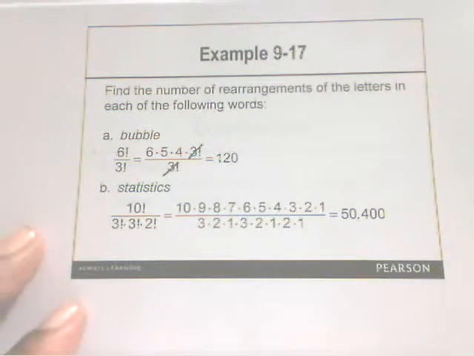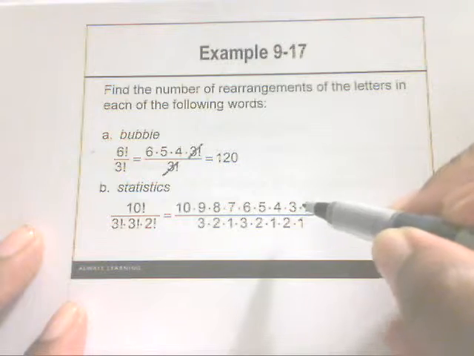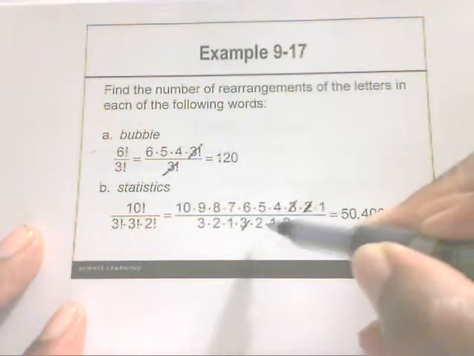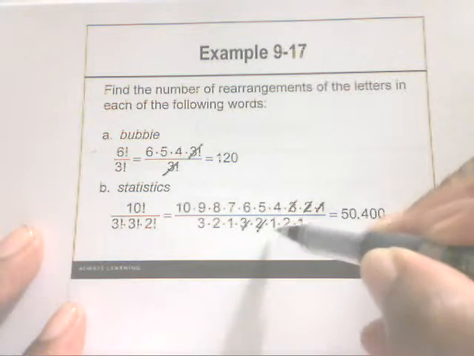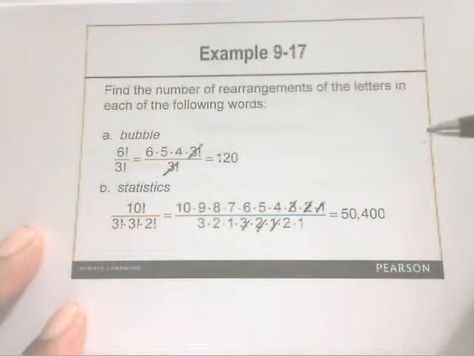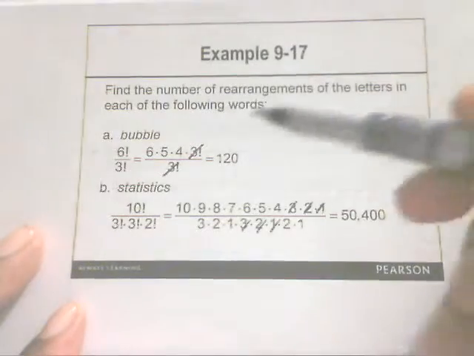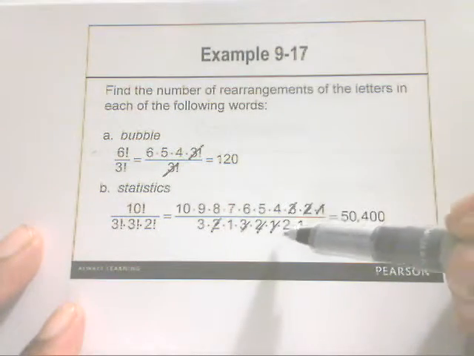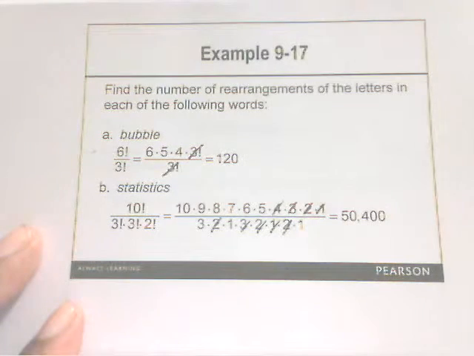Okay, so here we can, of course, divide out some numbers, like the 3, the 2, and a 1. And I know this 2 times this 2 would be 4, so those 2's in the denominator can be divided out with a 4.